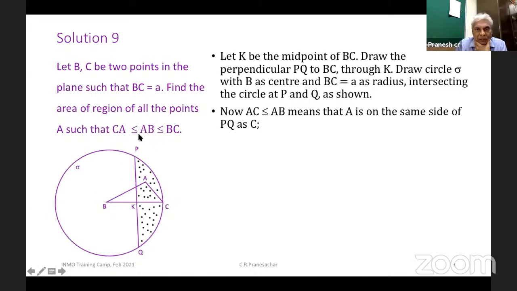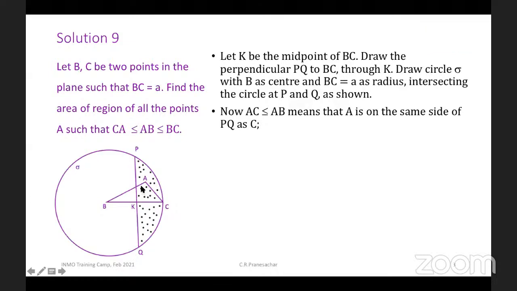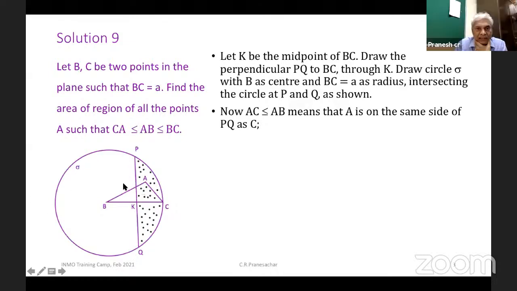So if you put these two conditions together, A not only lies to the right of the perpendicular bisector, but also inside the circle. That constrains the point A to lie in this bounded, finite region, which is a minor segment of the circle with B as center and BC as radius.